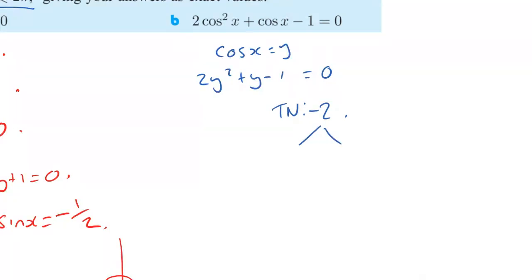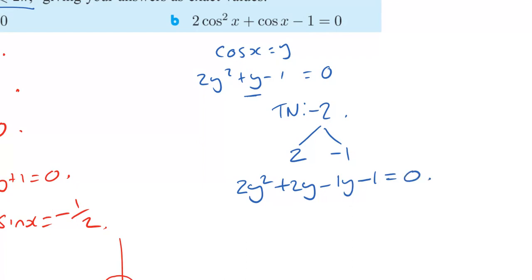We think of two numbers that multiply to make -2 and add to make the coefficient of that middle term, so 1 in this case. Well, that's going to be 2 and -1. And then we're going to split up the middle component of the quadratic into those two pieces. So our original quadratic will be equivalent to 2y squared plus 2y minus 1y minus 1.